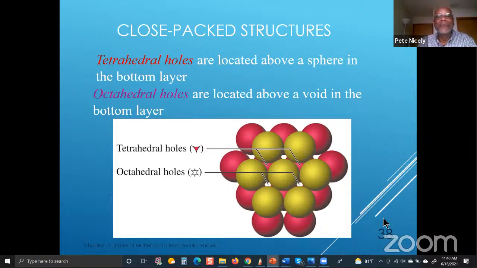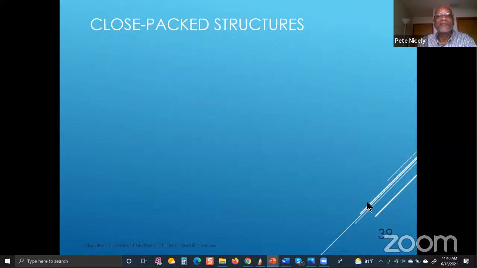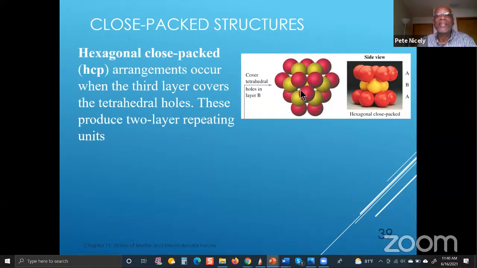So that's the difference between those two holes. When you're adding another layer of particles, there are two possible positions they can occupy: the space above the octahedral holes or the space above the tetrahedral holes. When the next layer covers the tetrahedral holes, this is what you have here, and this is called a hexagonal close packing, shown here as a side view.